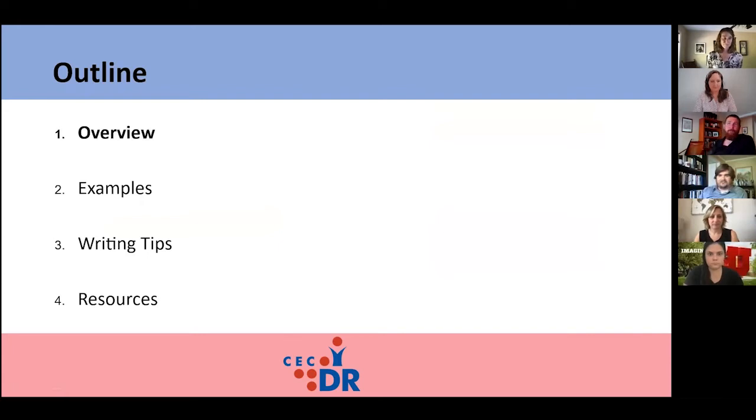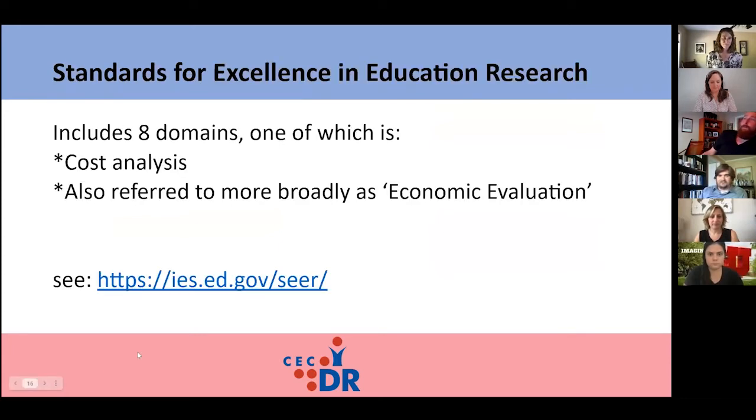So jumping off first with the overview. As Allison was saying, cost analysis and cost effectiveness are becoming more and more important for IES proposals, and clearly they're here to stay. The director of IES, I'm blanking on his name at the moment, but they've been working on creating standards for excellence in education research.